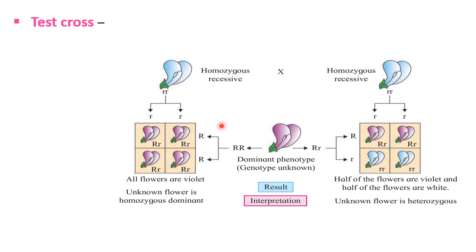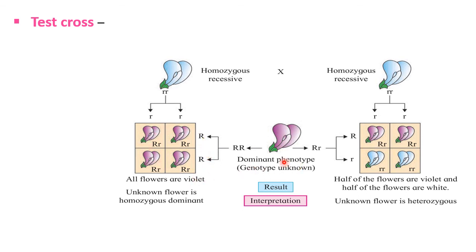To detect the genotype of this violet flower, this test cross can be used. Here this violet flower may be homozygous or it may be heterozygous. It is detected on the development of the individuals after the crossing with a recessive parent.